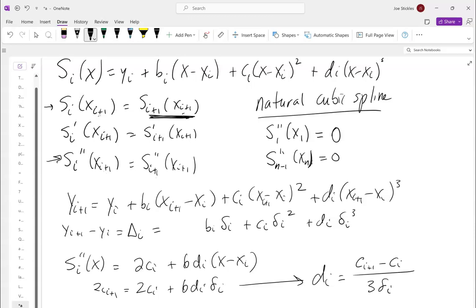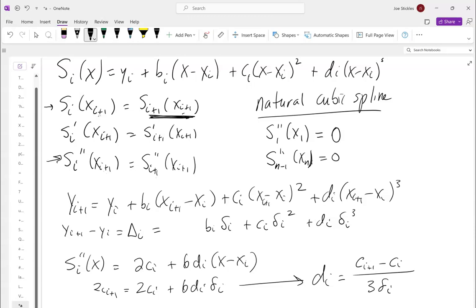If I knew the B's, I could figure out the C's, and then we concentrated on figuring out the B's, right? So it's the same idea here. If I know the C's, I can figure out the D's. So our goal is hopefully to figure out the C's here. Okay? All right. Now, we've got D in terms of C.